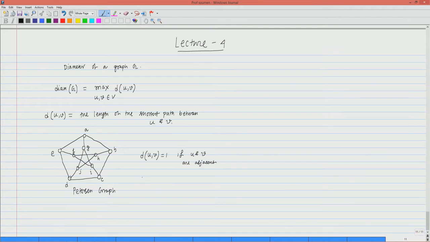And now you consider two non-adjacent vertices u and v.